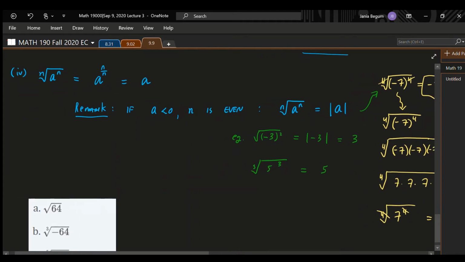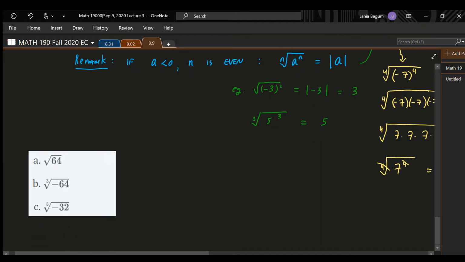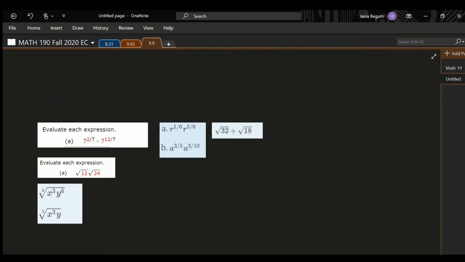Okay. All right, so here are a few examples. Let's work on these. Evaluate. Let's call this example 1. And I'm going to give you just a couple more.